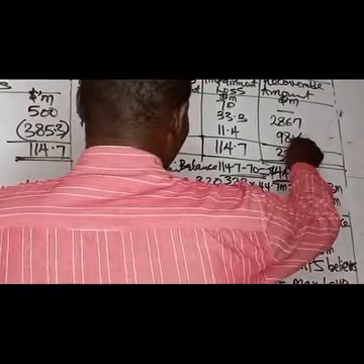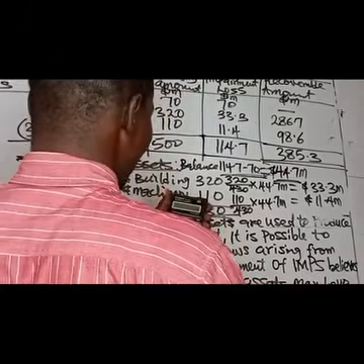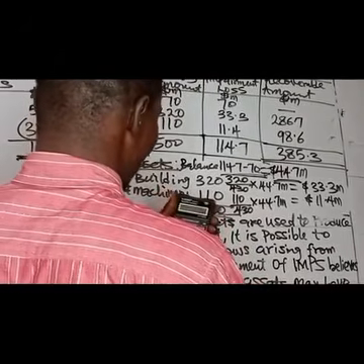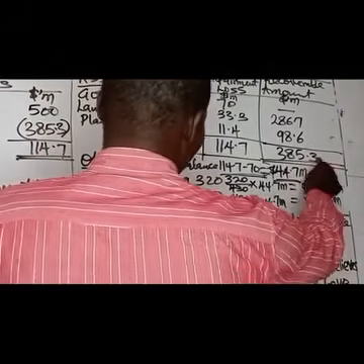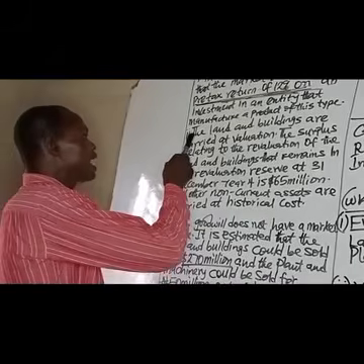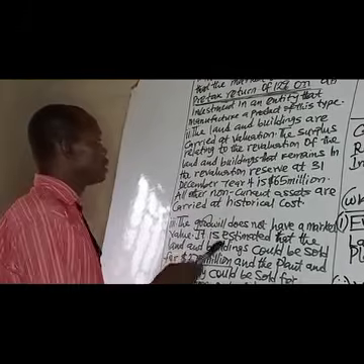If you add 98.6 million to 286.7, you have 385.3 million.